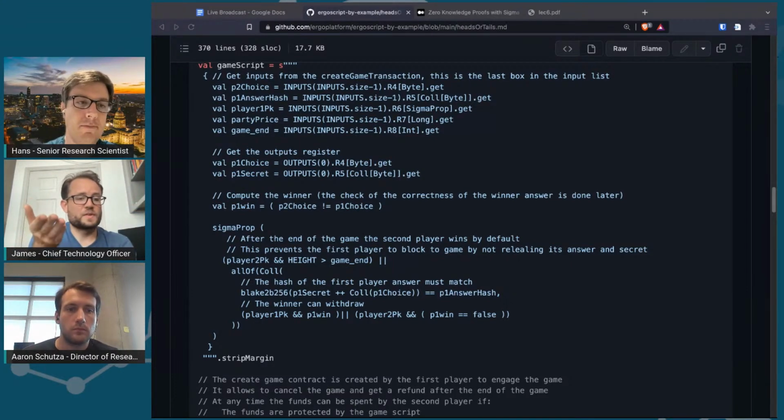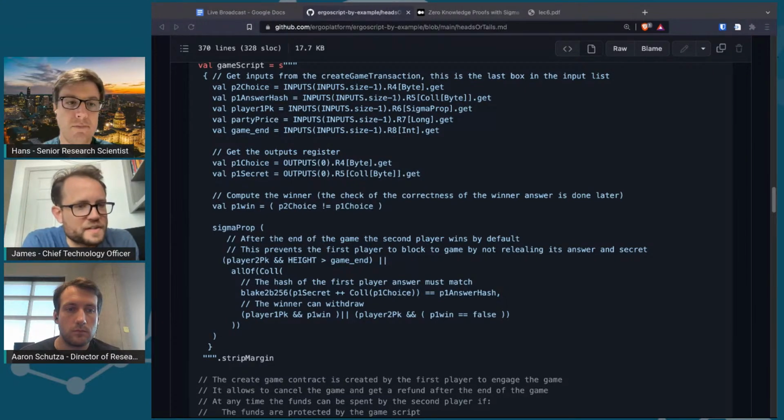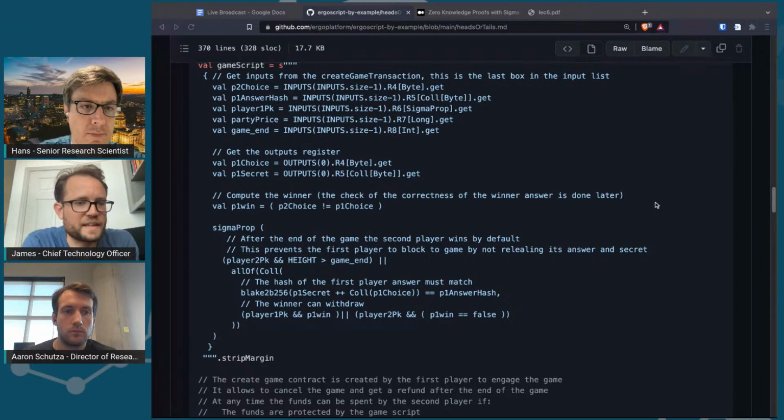The only part that I'm not sure about is this line right here. The val P win is the comparison of P2 choice, not P1 choice. I think that's the service logic line.